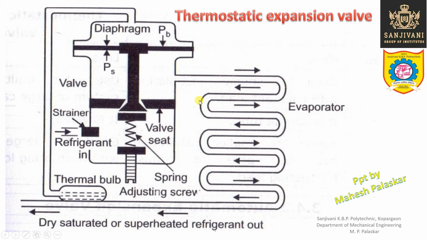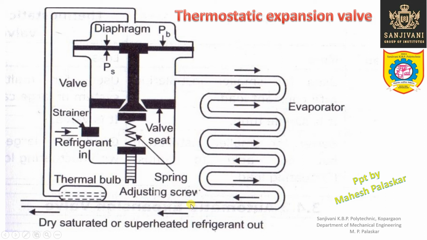This is the evaporator. The evaporator is connected to the outlet of the thermostatic expansion valve, and this is the inlet of the thermostatic expansion valve that is connected to the condenser or sometimes the liquid receiver which is next to the condenser, right?